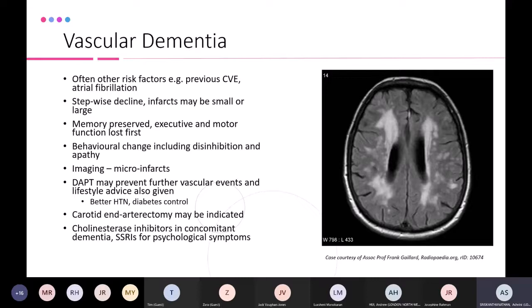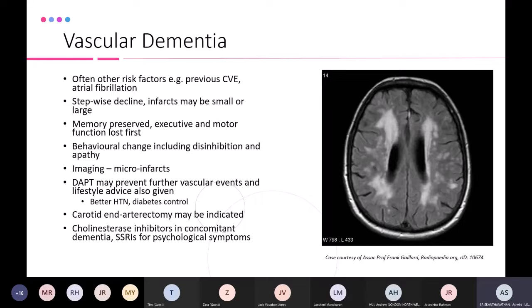You get more of a stepwise decline, and you'll have your memory preserved for the most part, but you'll see some changes in your executive function, so your higher order thinking, for example, and motor function as well, so the falls that this patient's having. You also see some changes in disinhibition, so this aggressive behavior that the patient was having, for example.